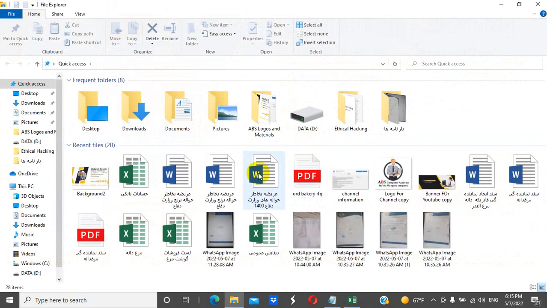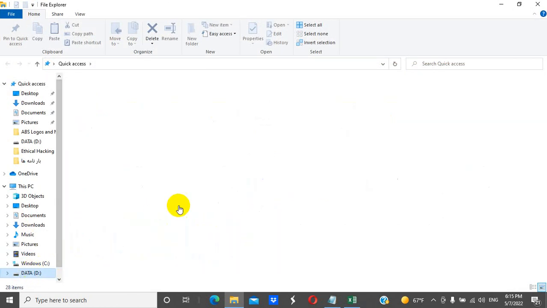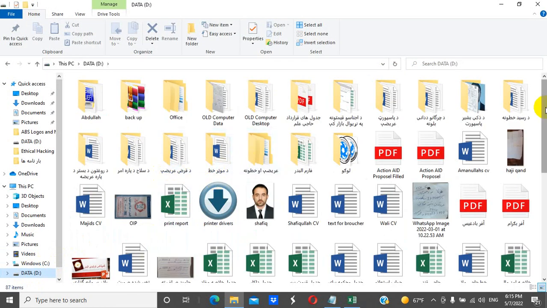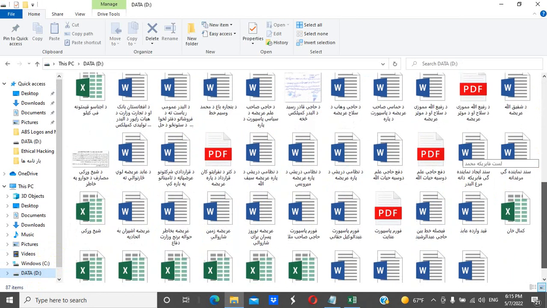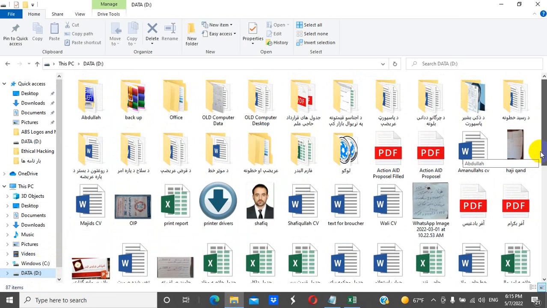So we can give an example. I will open a file. I'm opening a file for that example. What is that? Do you know about that? No, you don't have information about that. That's a file.